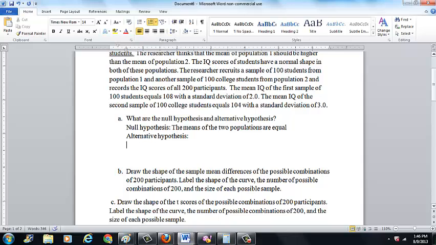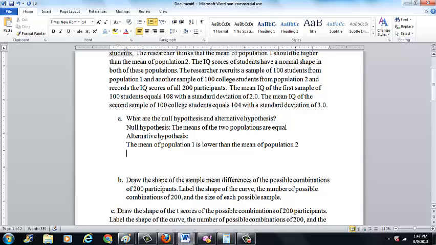One version says that the mean of population 1 is lower than the mean of population 2. The next one says the mean of population 1 is higher than the mean of population 2.